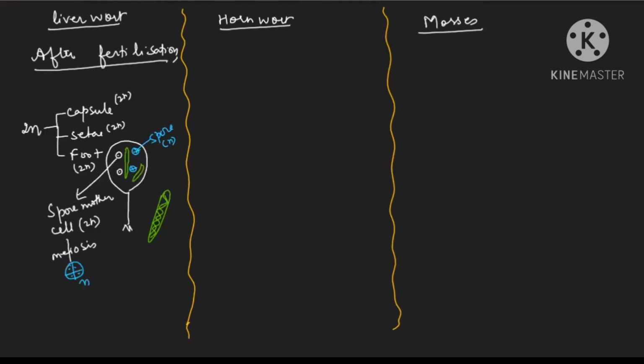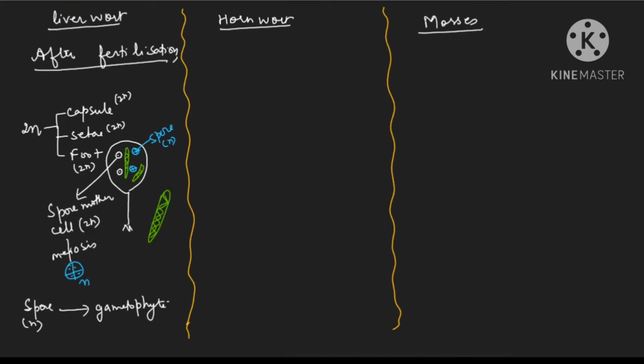When the moisture is there, they will expand just like a water ball and your capsule will rupture to liberate the spores. And again, the spore will germinate to form the N body, the gametophyte body. So this is the way they complete their life cycle.